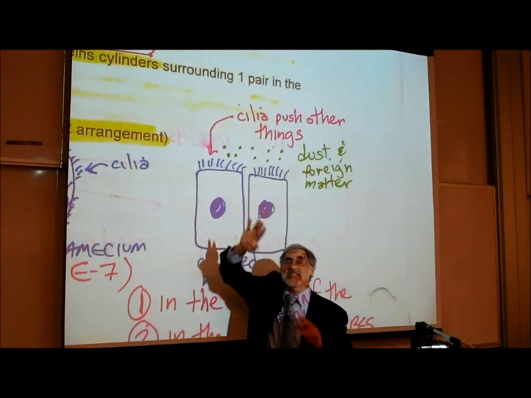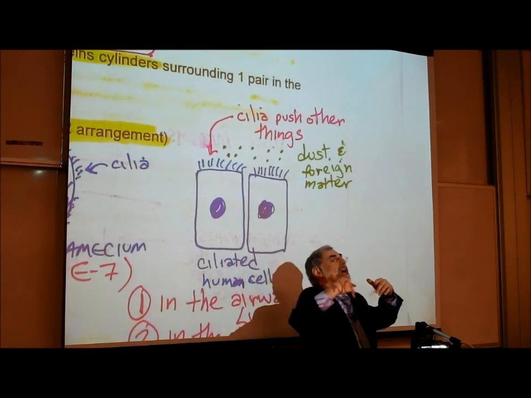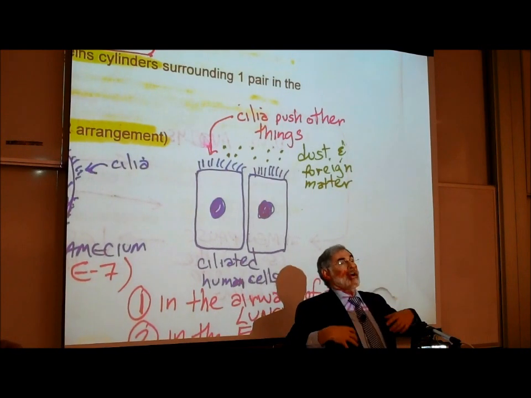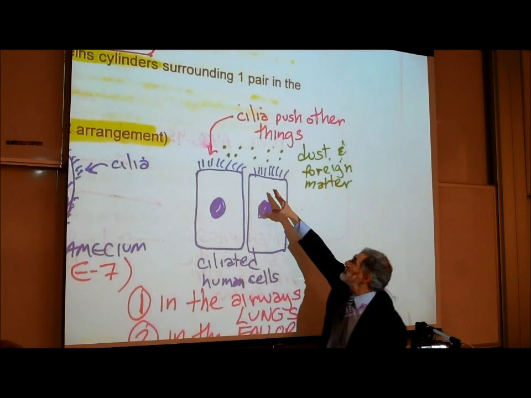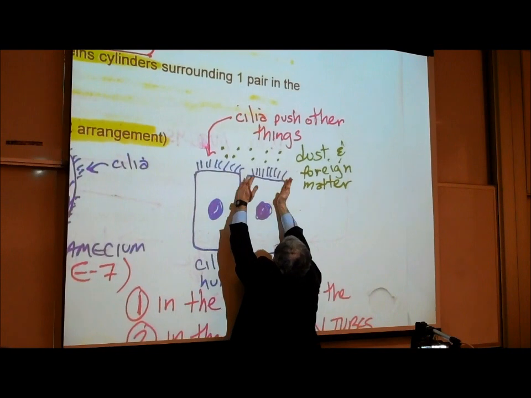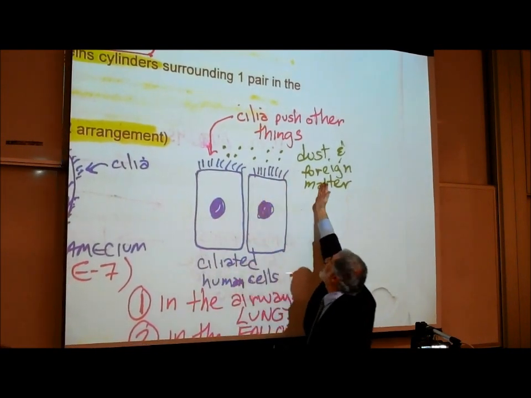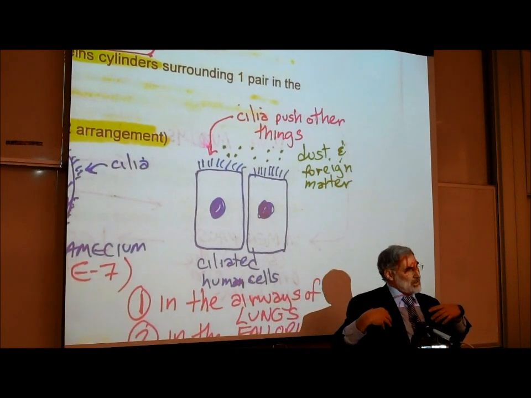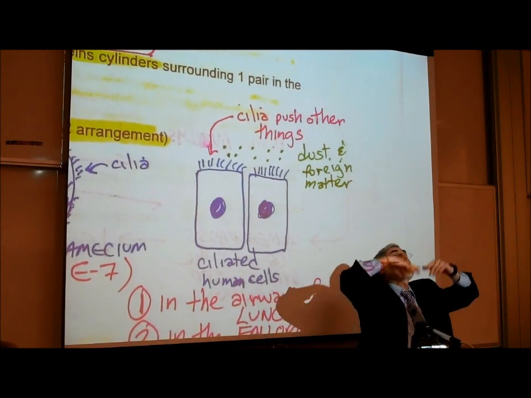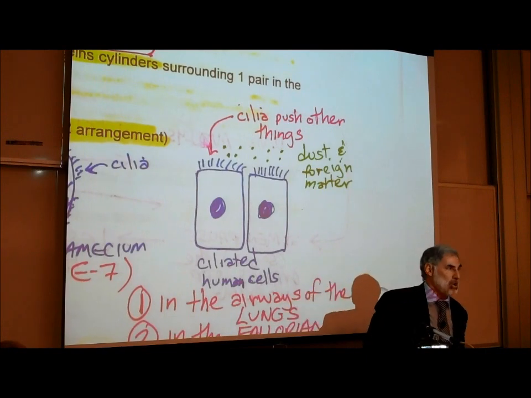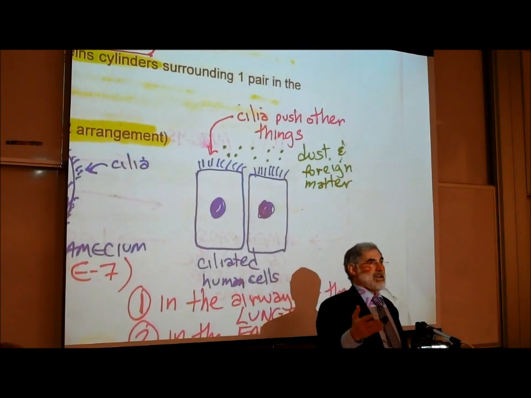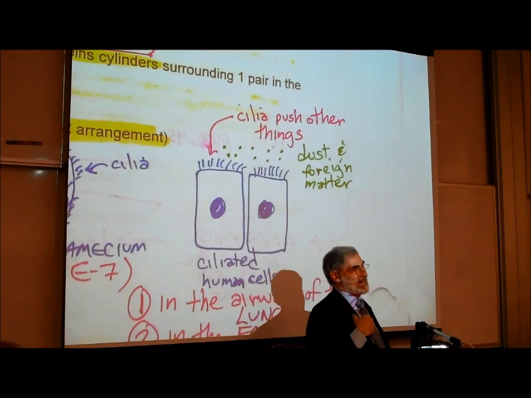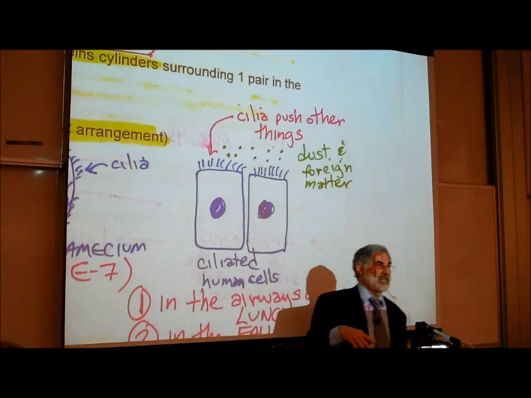So the ciliated cells that line our trachea, our windpipe, that line our bronchi and bronchioles, they have cilia, and these cilia move back and forth to push the microscopic dust and foreign matter that we've inhaled. Every time we inhale, it pushes it back up out of the airways, up into our throat. You can imagine every time we inhale the amount of little tiny microscopic bits of dust that we end up inhaling. So we've got to keep our airways clean.